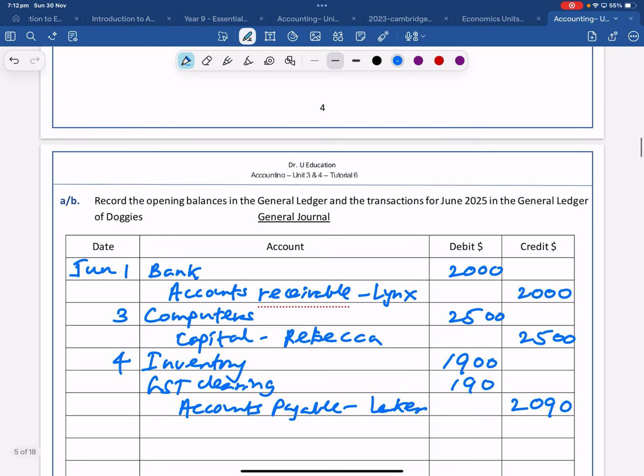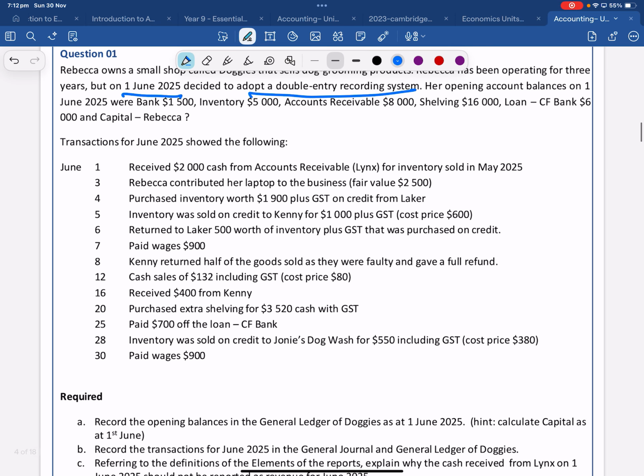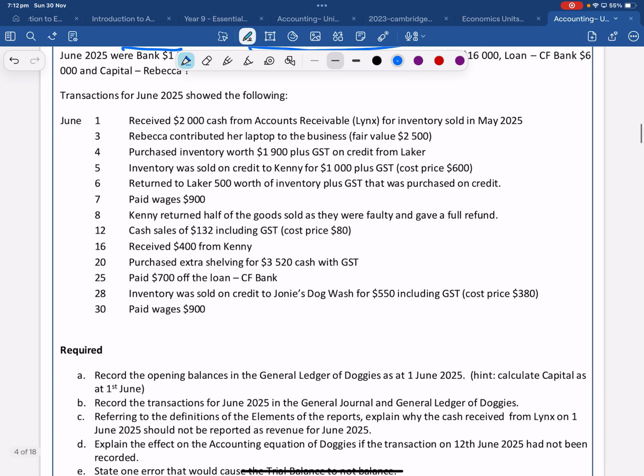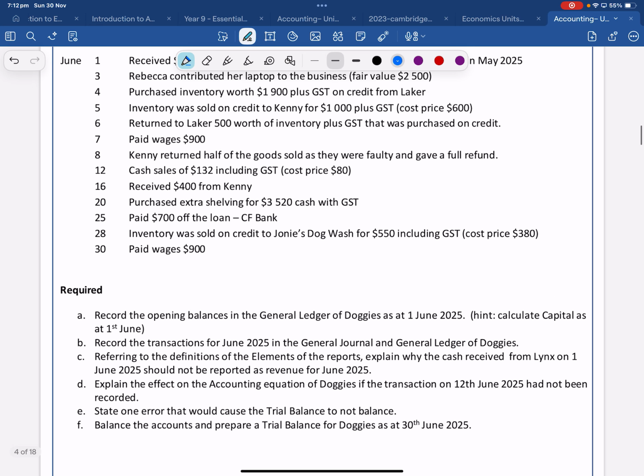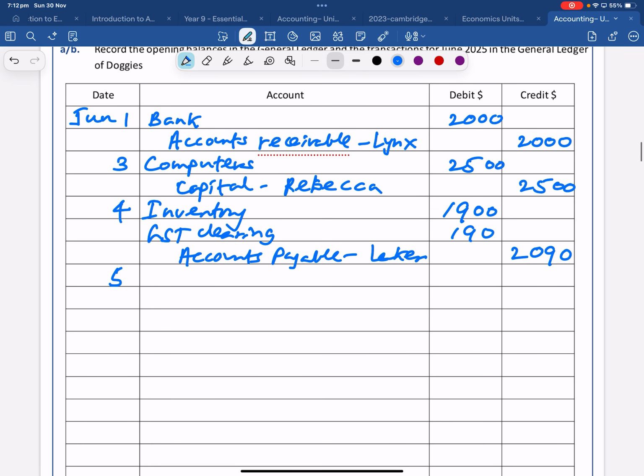Right, next one, guys. What is it? Inventory was sold on credit to Kenny 4,000 plus GST. Cost price 600. What should we do? Tell me the double entries. Accounts receivable debit. Sales, GST clearing. Accounts receivable Kenny debit. How much? 1100.